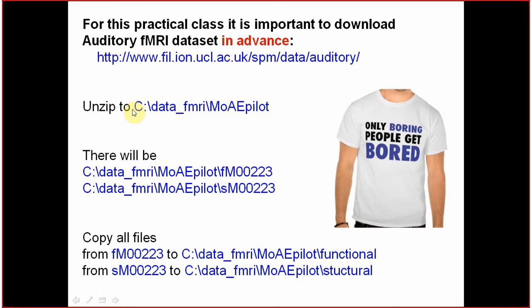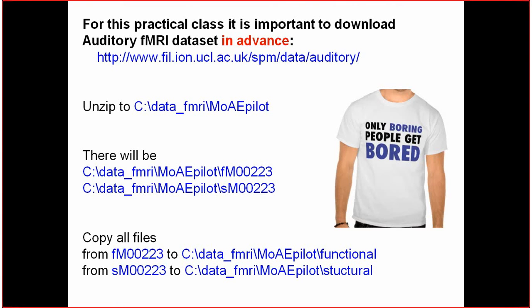Then you had to unzip, unpack the data to the folder as indicated here. Actually, this name can be arbitrary. It is just to be consistent, so that we all have the same names of the working directories.